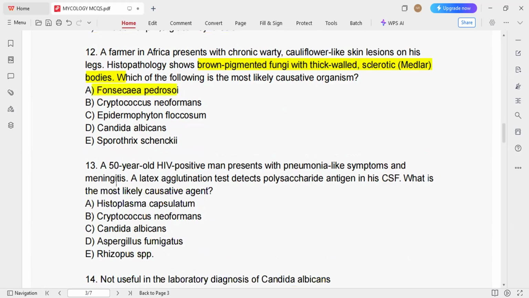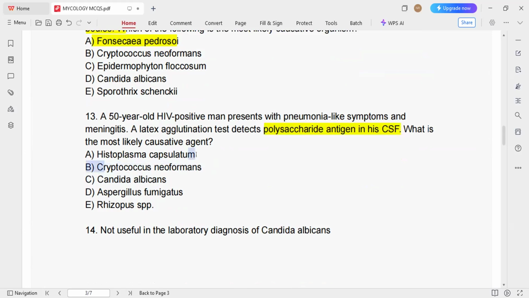Then number 13, a 50-year-old HIV positive man presents with pneumonia-like symptoms and meningitis. A latex agglutination test detects polysaccharide. You already know the answer. What's the answer? Cryptococcus, yes. You see how it can get easy, especially if you know the keywords. The trick about mycology is you have to know the keywords for these specific diseases.